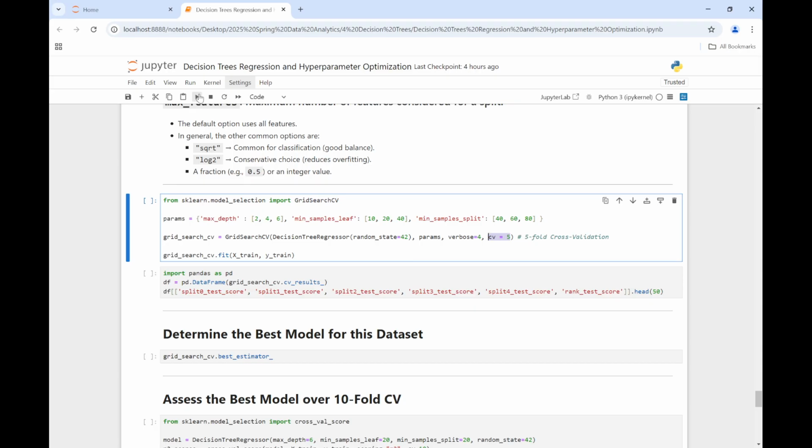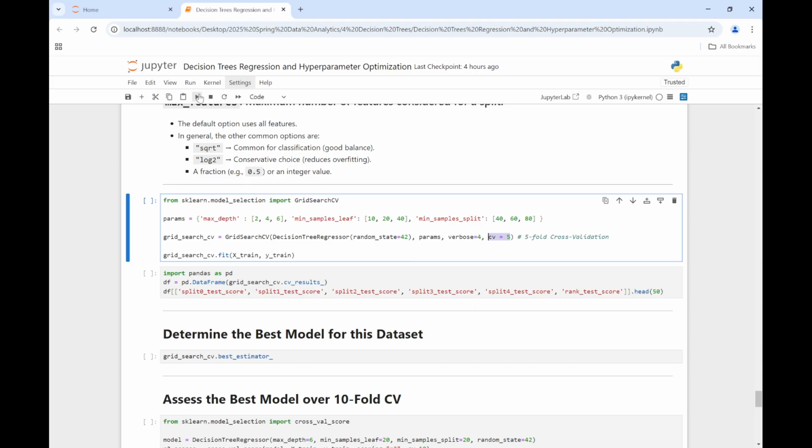Keep in mind that with five-fold cross-validation, what we're essentially doing is randomly breaking up our data set into five folds containing 20% of the data. And I'm going to choose one of the folds to be my test data, and I'm going to train the model on the remaining four folds. And then I'm going to progressively keep changing which one is my test data and which of the other four folds are my training data.